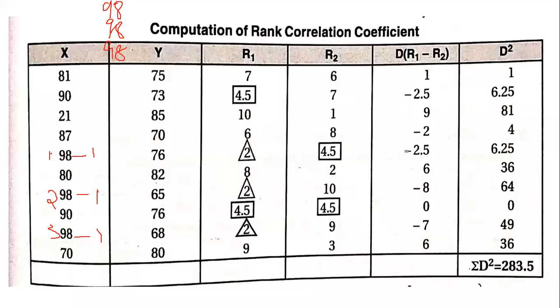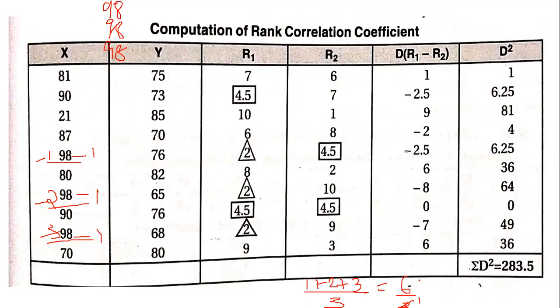Okay, now listen. These three positions, position 1, position 2 and position 3, we will take an average of them. So the average is 1 plus 2 plus 3 divided by 3, which is 6 by 3.